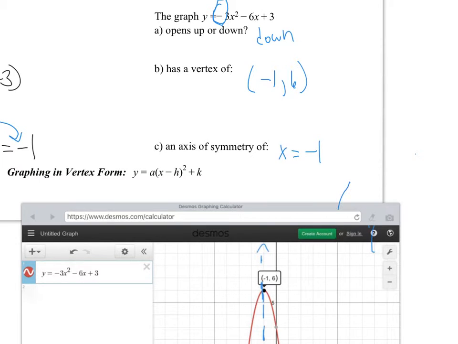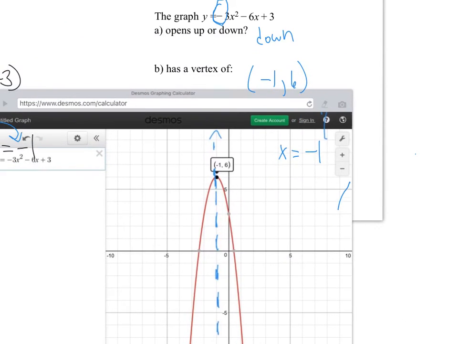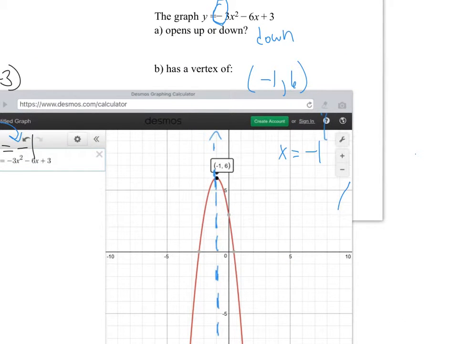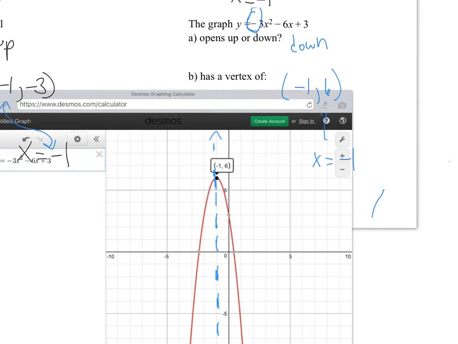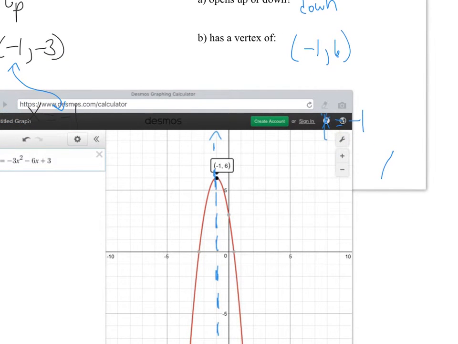So those are all the things we got just from the graph. If you look here, you can see that there are other things you can get from the graph. You can get points on the graph. You can see there are intercepts on the graph you could get. There's a y-intercept. You can get all kinds of things you want. Another kind of cool thing is you can actually get the table we made earlier.